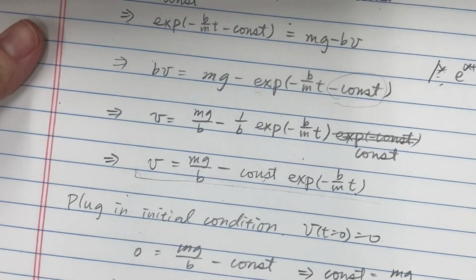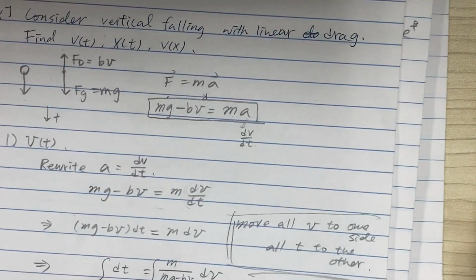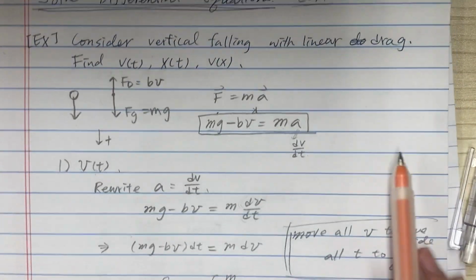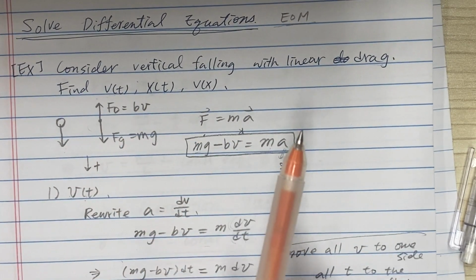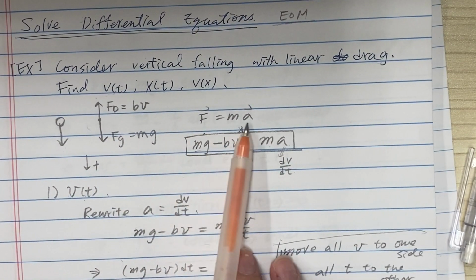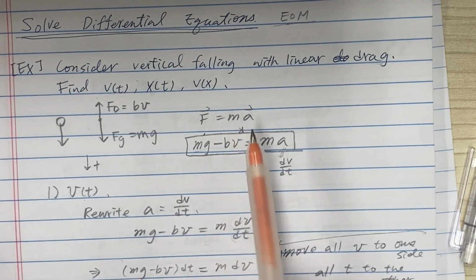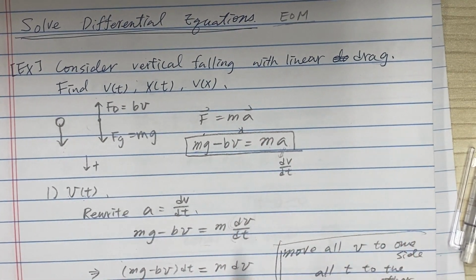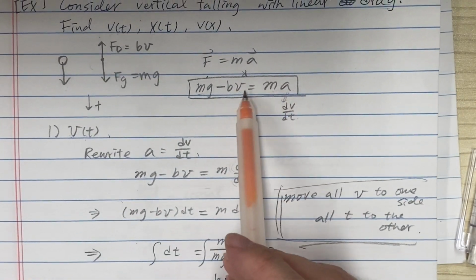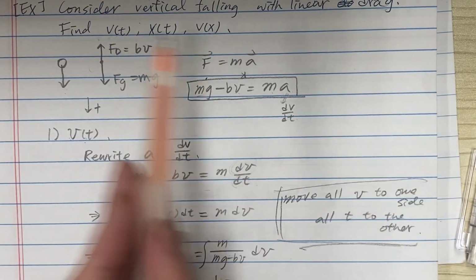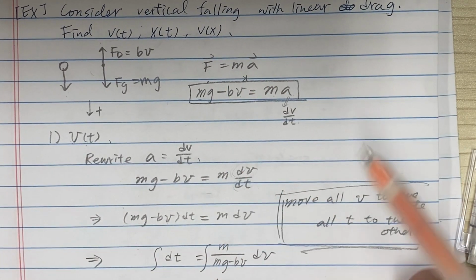Let me just quickly review it and tell you a few points that you need to be careful. So first, you want to make sure that you draw the free body diagram right, and with the nice F equals ma. And make sure you choose a coordinate. Okay. And then once you choose a coordinate, you will split into x, y, z, or theta, phi, or different directions.